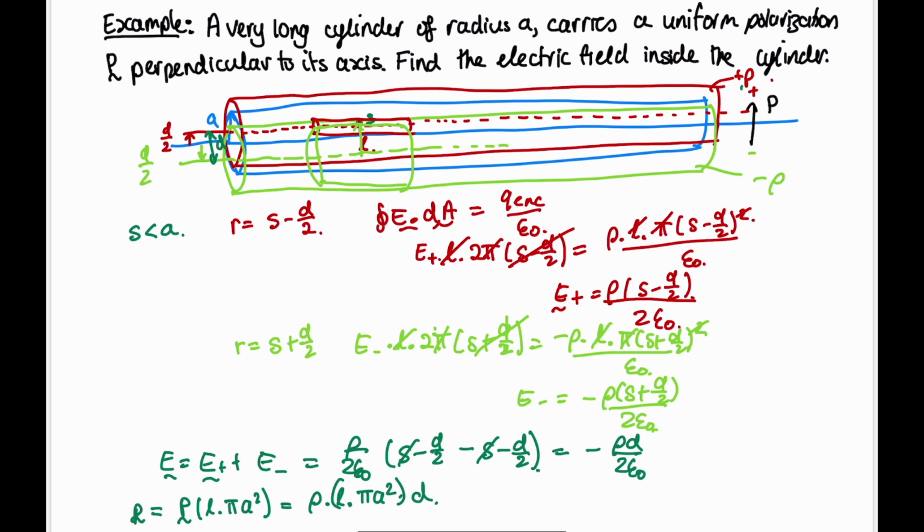And so we have done this to show that these bits cancel, and so this lets us write that rho D is equal to the polarization. So we can now substitute this in here. So this is equal to minus P over 2 epsilon naught. So we've now come up with a way to get the electric field for this situation.